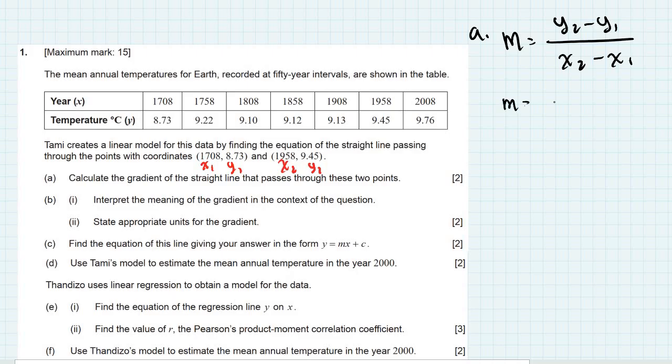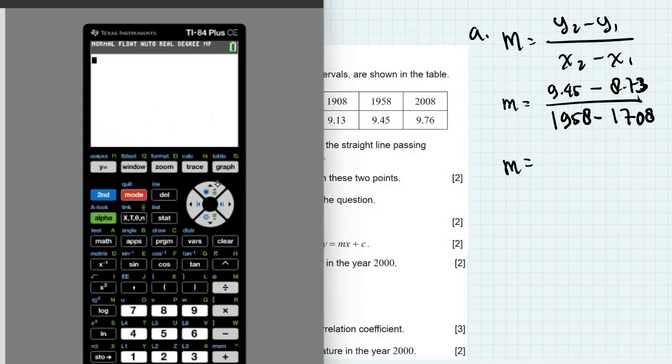So the gradient will be, the y2 is 9.45 minus the y1 is 8.73 divided by x2, which is 1958, minus x1, which is 1708. So m is equal to, let's input it to our calculator.